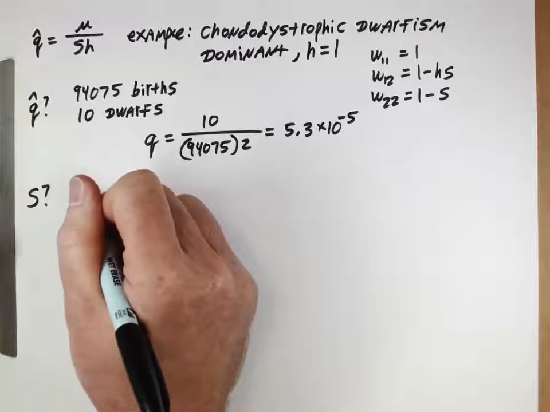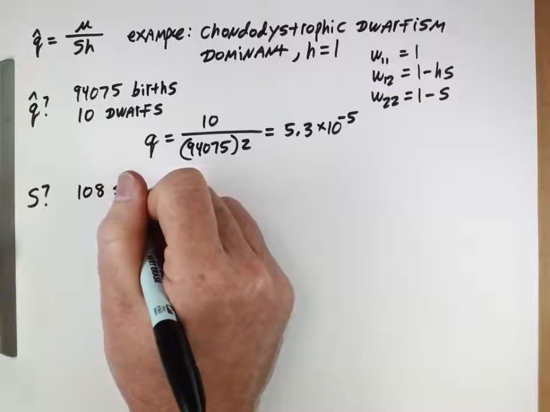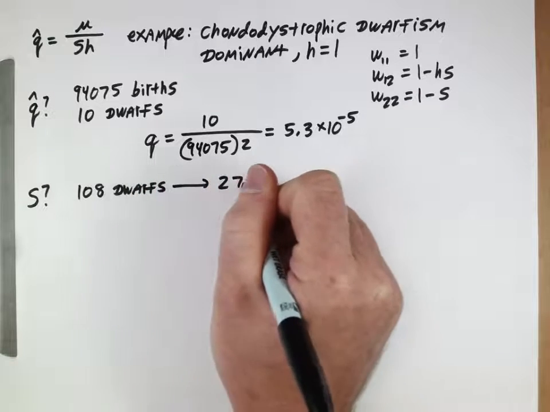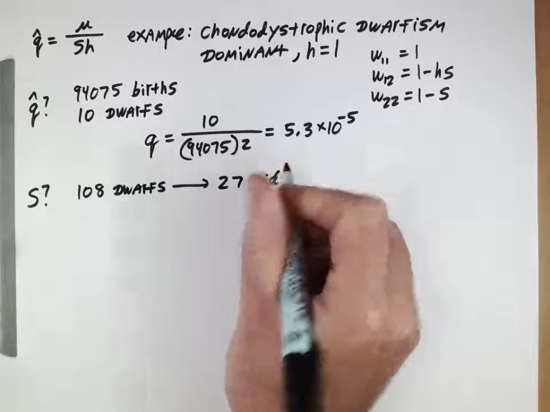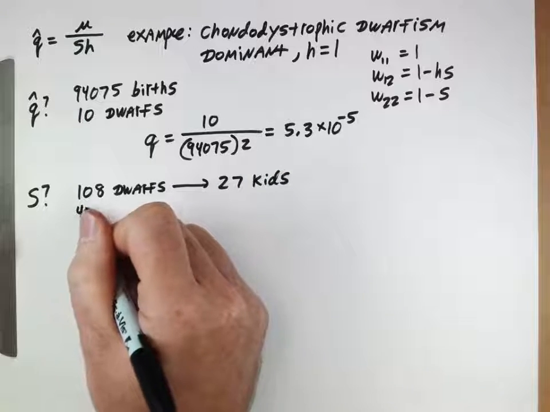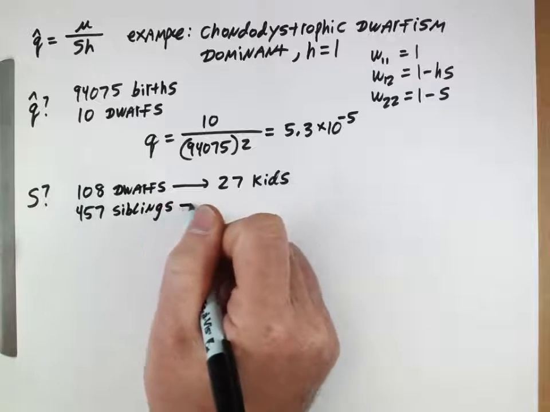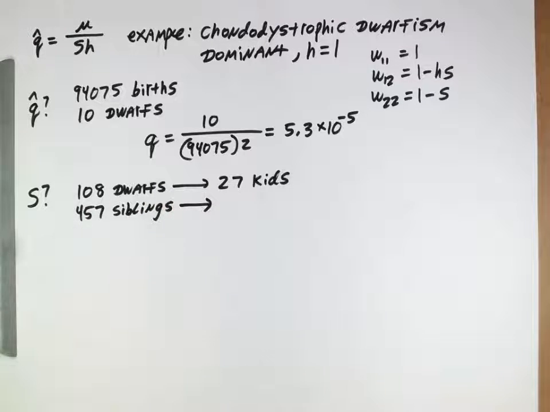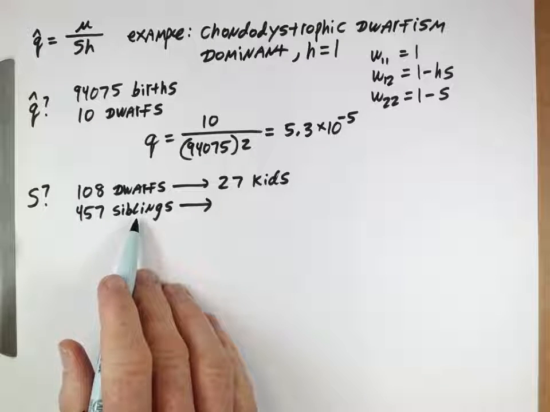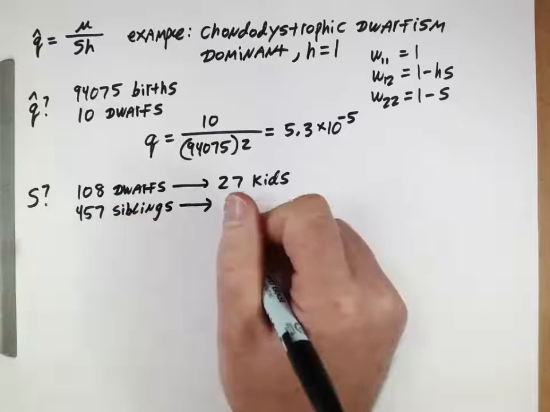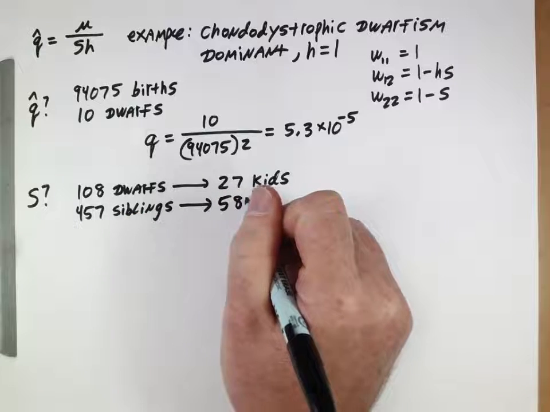If we look at 108 dwarf individuals that were examined, they produced 27 offspring. This study also looked at 457 of their siblings. These are individuals that are genetically very similar to them, except they don't have the dwarfism allele. They're genetically similar, culturally similar, economically similar, religiously similar, etc. And those 457 individuals had a total of 582 kids.